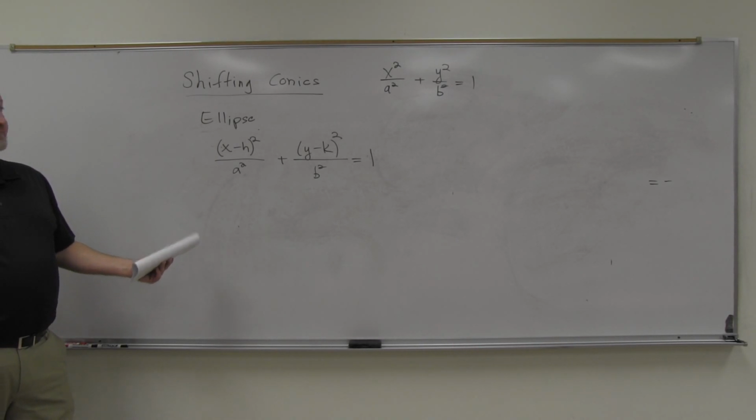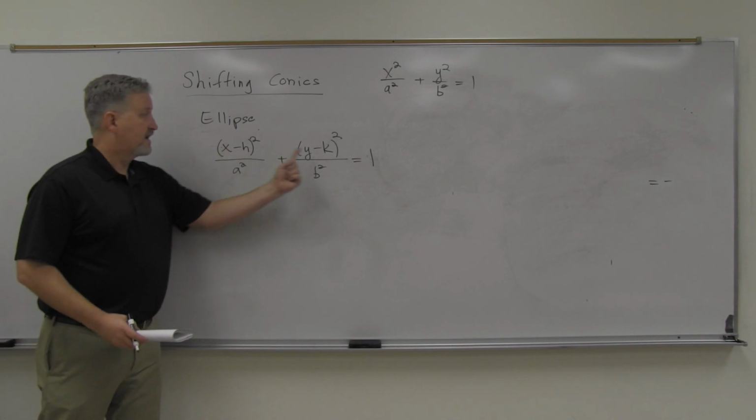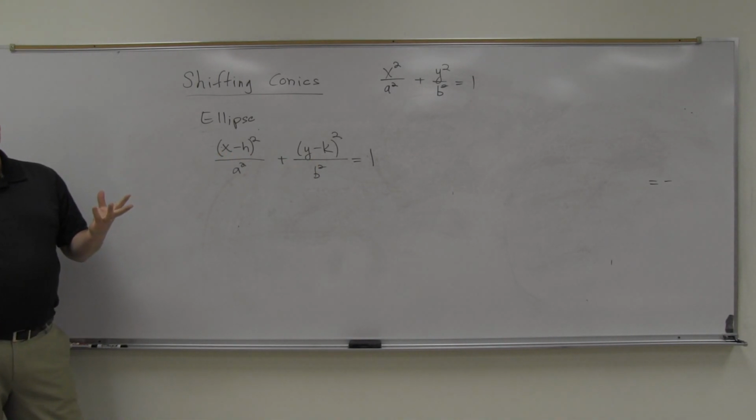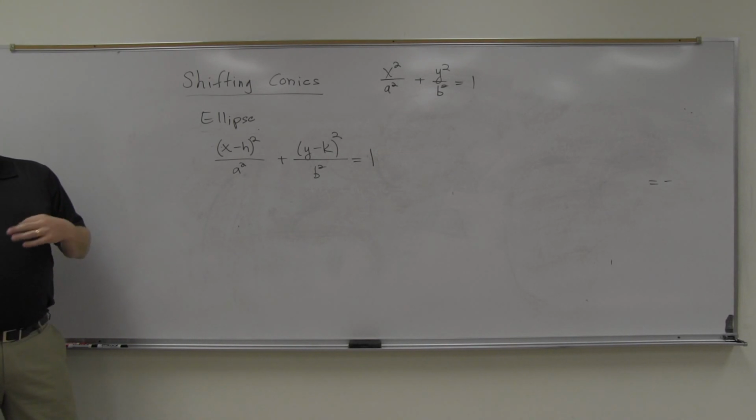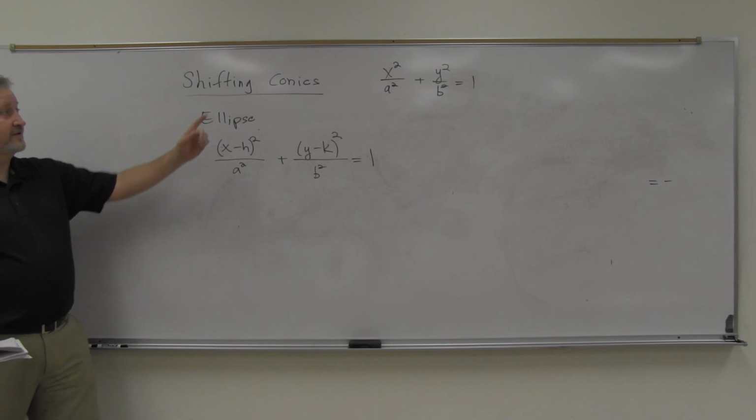That's an ellipse. This is an ellipse because it's very much like that, except I've got something subtracted, if you will, from that x and from the y. And so that's going to just shift it.